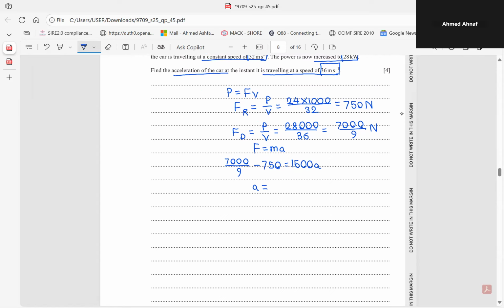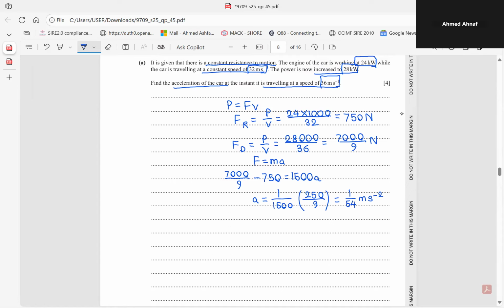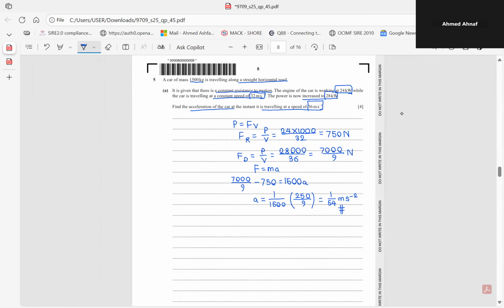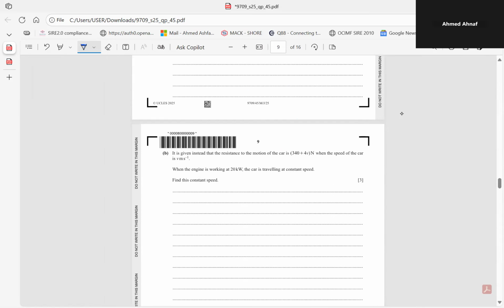So a would just be 1 over 1500 times 250 over 9. So this gives us 1 over 54 meters per second squared. So this is our final answer. This is the acceleration at the instant. So with that, let's head on to the next part.